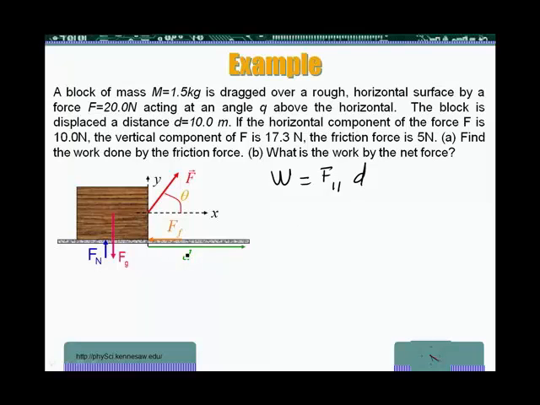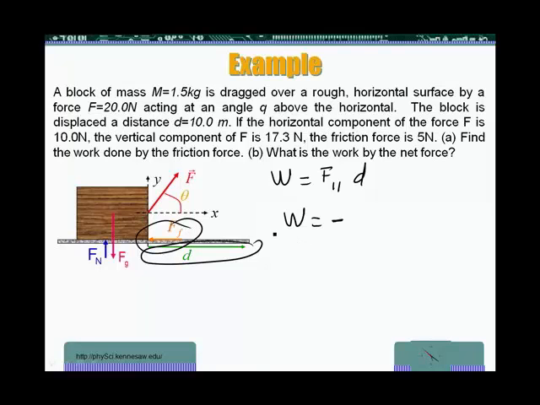Now, look at what we have here. D is along the horizontal, pointing towards the right. The friction force is along the horizontal, but pointing towards the left. They are pointing in opposite directions. That opposite direction brings me a negative sign here. That's the friction force telling us it's opposing the displacement instead of contributing to the displacement.